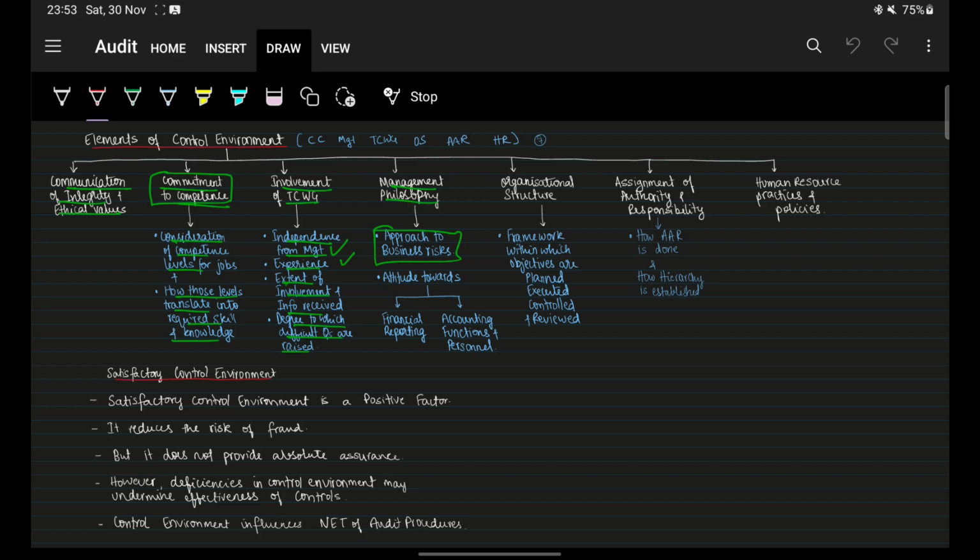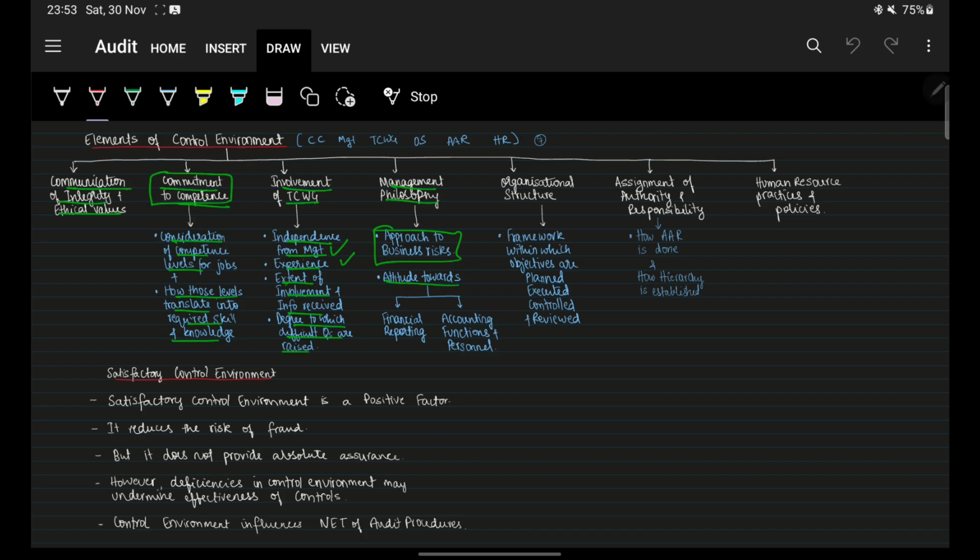Or rather, they might do something illegal just to get a bigger reward. They are willing to risk getting caught, or willing to risk paying a bigger fine or penalty in order to get that bigger reward. So what is their attitude and what is their approach to business risk, right?